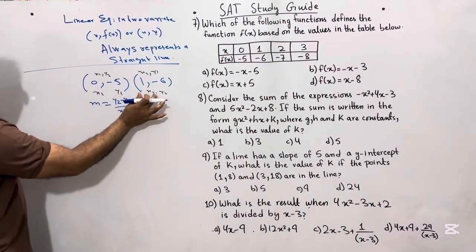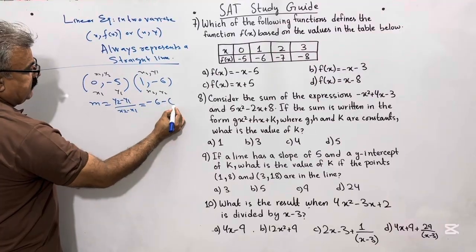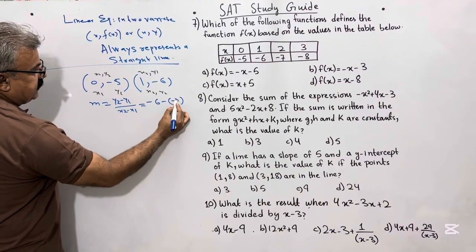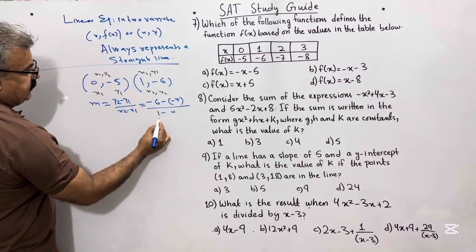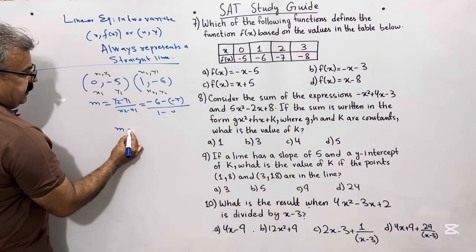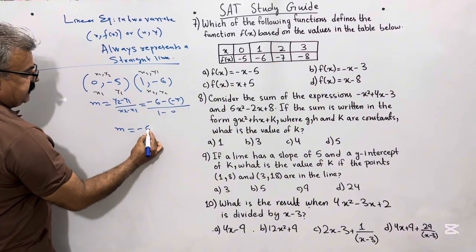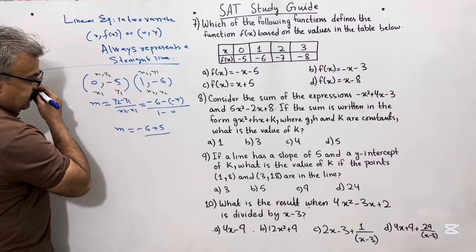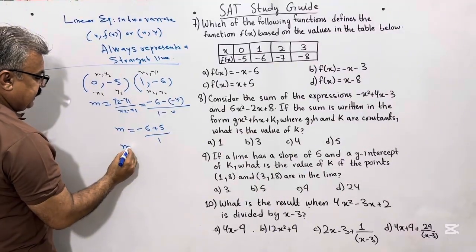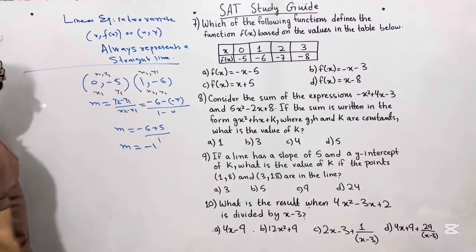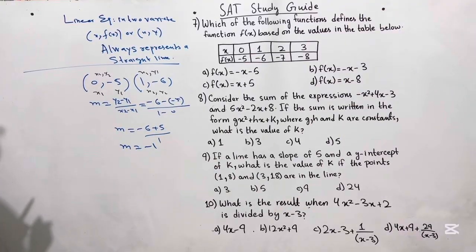Here y2 is minus 6, y1 is minus 5, and x2 minus x1 is 1 minus 0. So the gradient is minus 6 plus 5 over 1, which is minus 1.